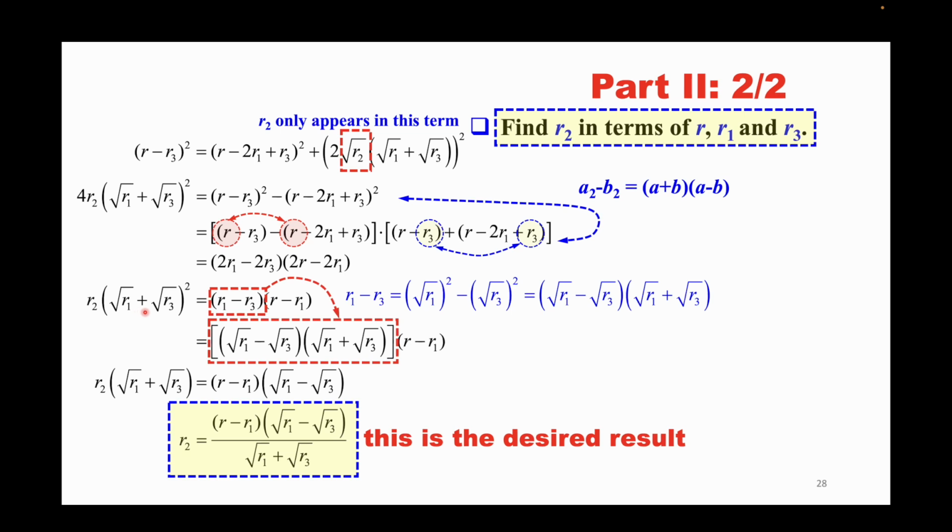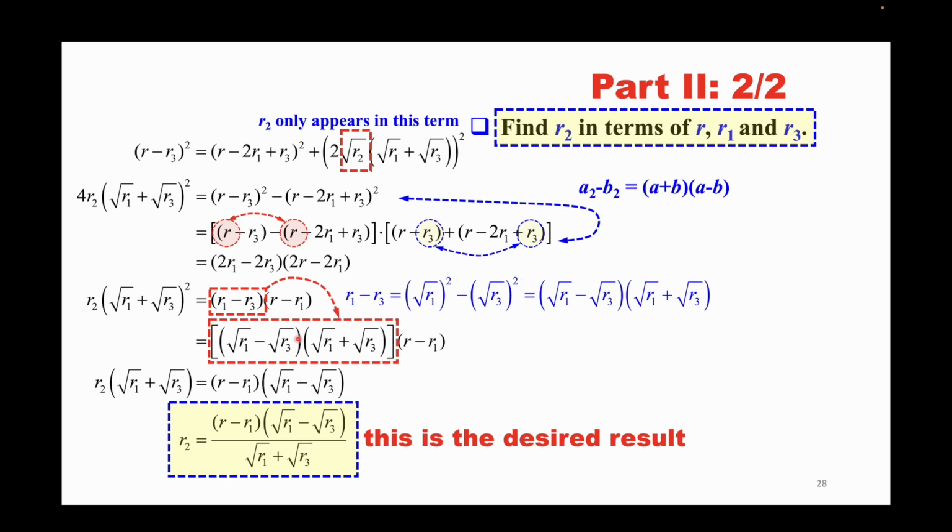So R times the square root of R1 plus the square root of R3 could be part of this one, because R1 minus R3 can be considered as the square of the square root of R1 minus the square of the square root of R3, which yields the square root of R1 minus the square root of R3 times the square root of R1 plus the square root of R3.